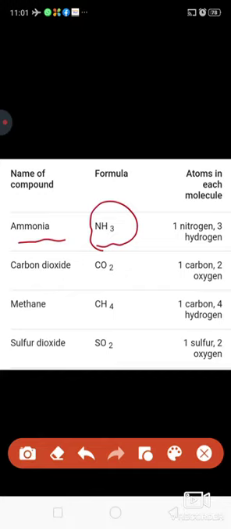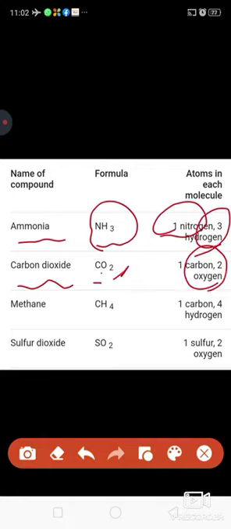So it contains one atom of nitrogen and 3 atoms of hydrogen. Now the next example is carbon dioxide. The chemical formula for carbon dioxide is CO2. It means it contains 1 atom of carbon and 2 atoms of oxygen.